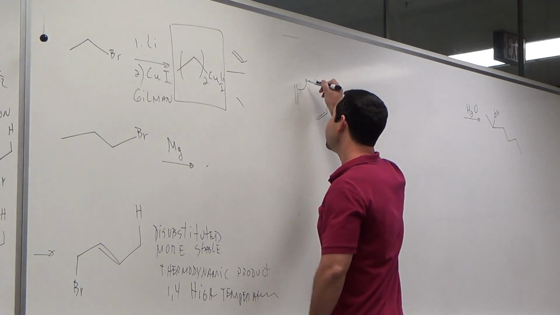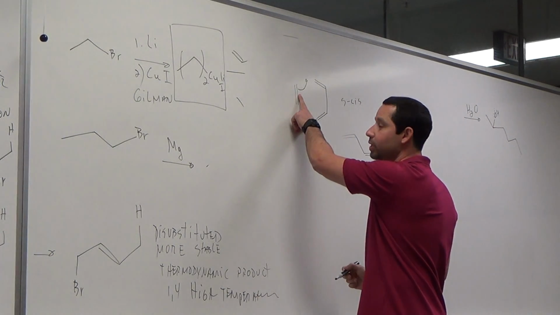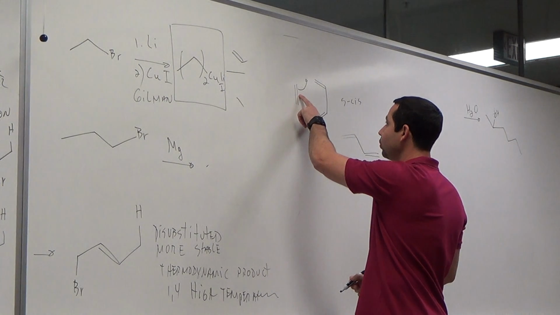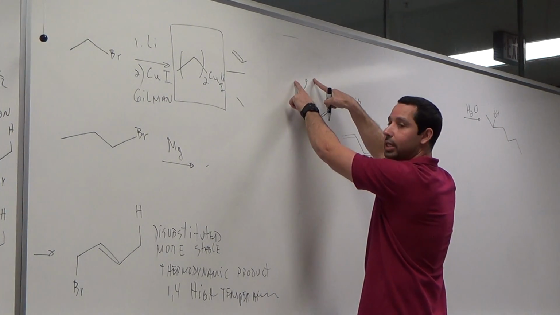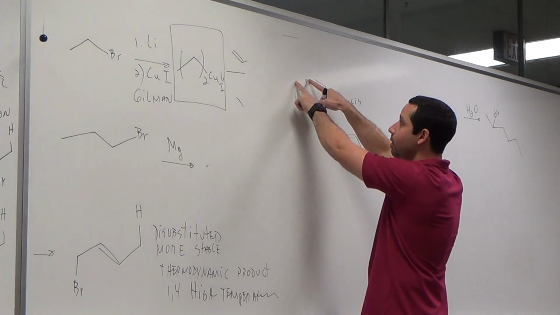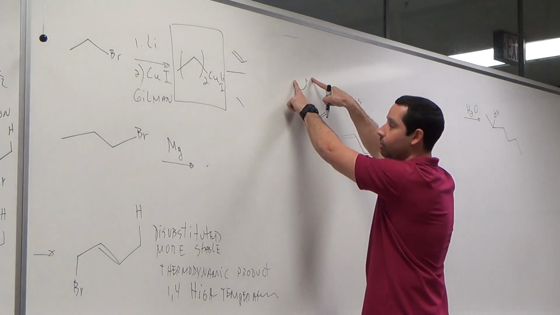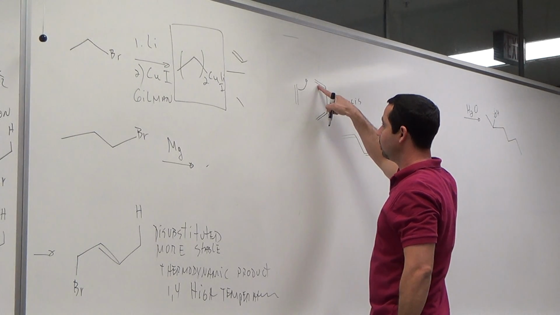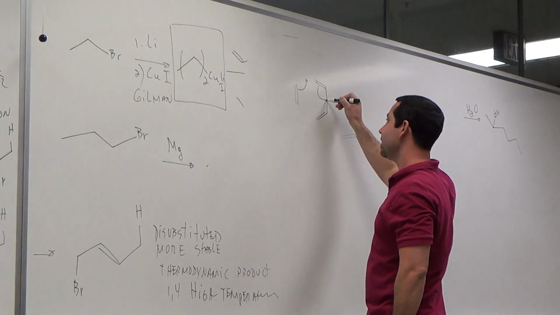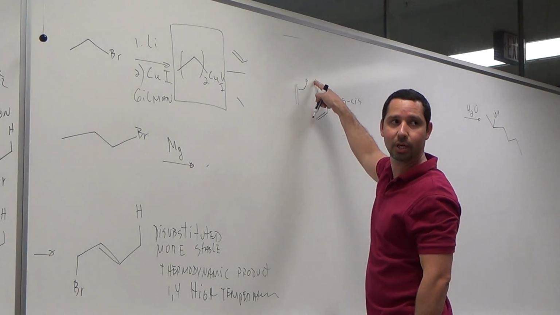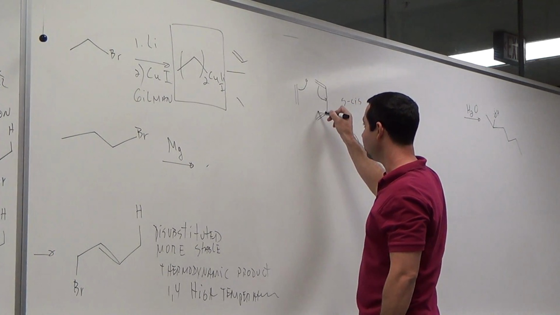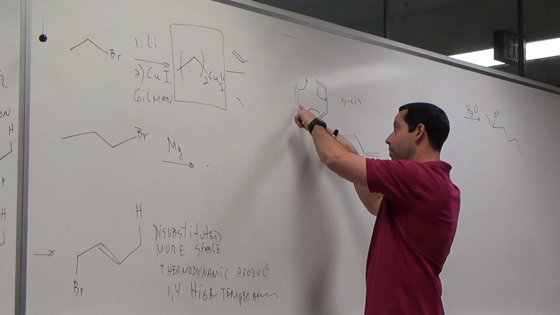Now what happens is these two electrons from this double bond are going to make a new bond between this carbon and this carbon. Now this double bond is going to make a bond here because it doesn't need it since these electrons are making a new bond here. And now these two are going to make a bond between this carbon and that carbon.